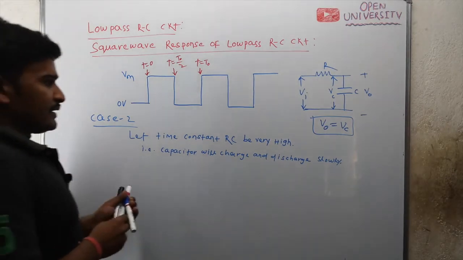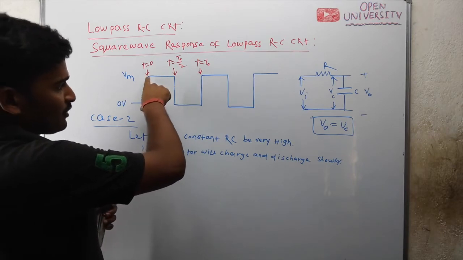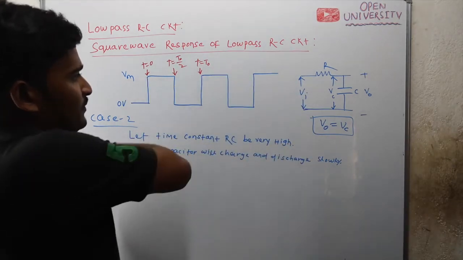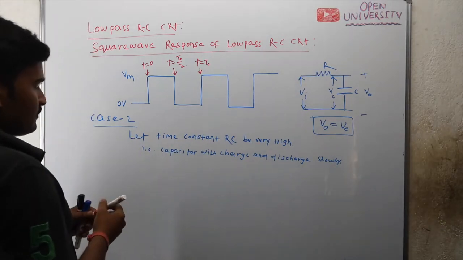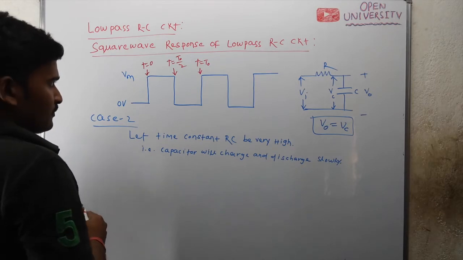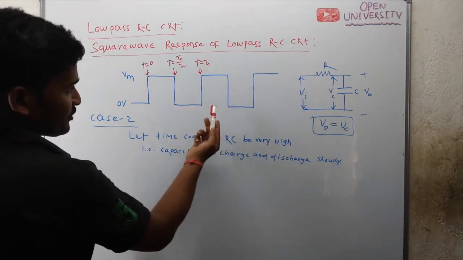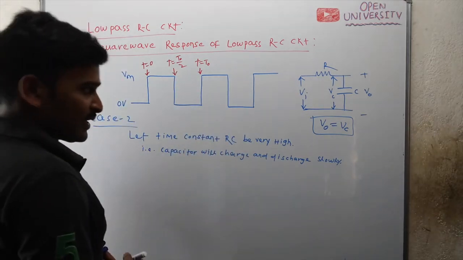Now in this interval, what will happen? When t is in between 0 to t naught by 2, capacitor will charge, slowly it will charge, and in this interval input is 0, so capacitor will discharge, very slowly.